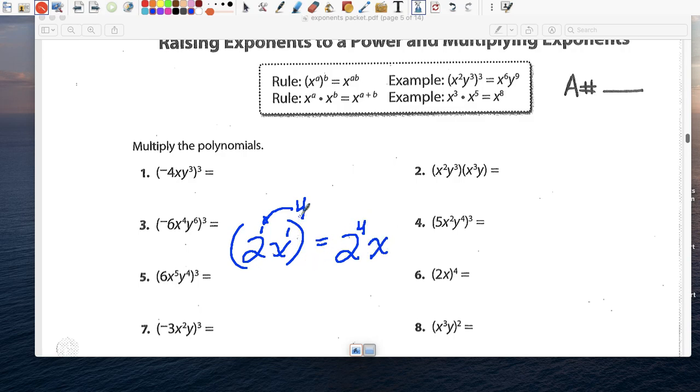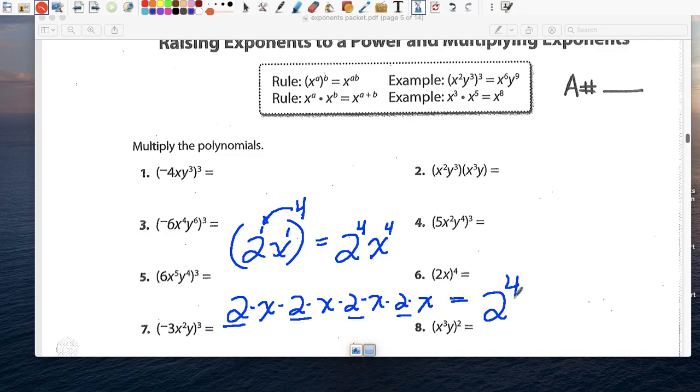X, we multiply that 4 and that 1, and we get the final answer. Expanded, it's 2 times x, done repeatedly 4 times: 2 times 2 times 2 times 2, and x times x times x times x.